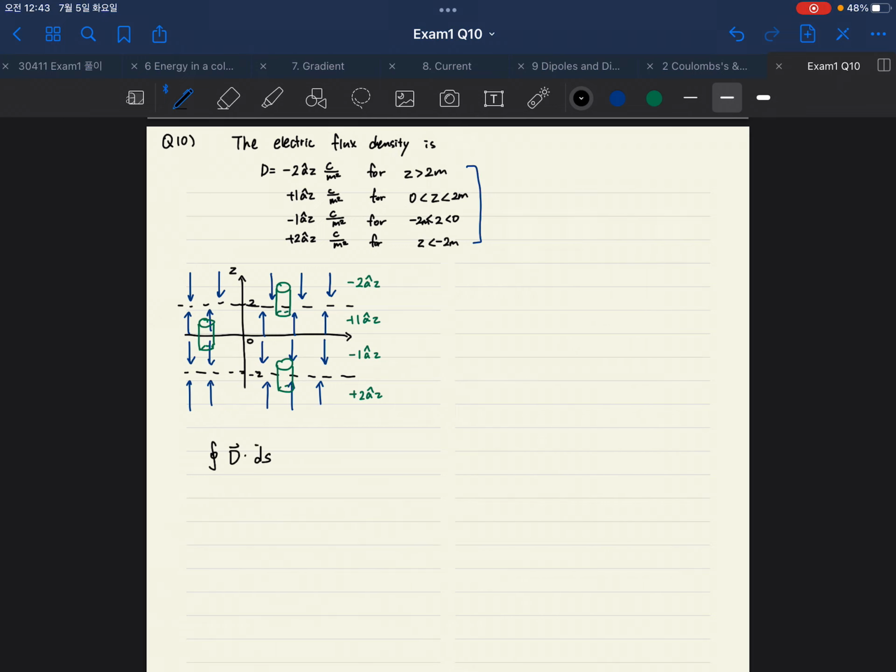D dot dS, which is flux, and the surface integral of that will be equal to the charge enclosed of that section. The above integral equation states that the electric flux through a closed surface area is equal to the total charge enclosed.